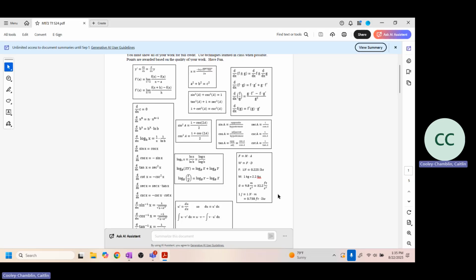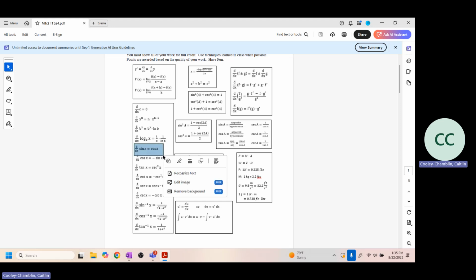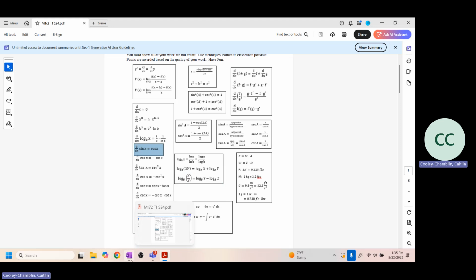And if you guys have to memorize these, if you're not in the class and you're memorizing these, I am sorry. And I am just going to look for cosine of x, but I'm not going to look for the derivative of it. I'm going to look for it on the answer side. So I'm going to come over here and look, okay, what derivative gives me cosine of x? And it happens to be this one. The derivative of sine gives us cosine of x.